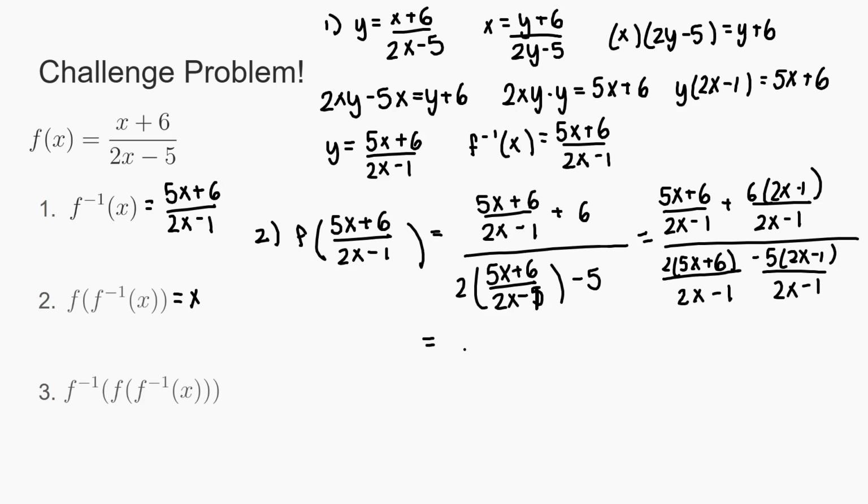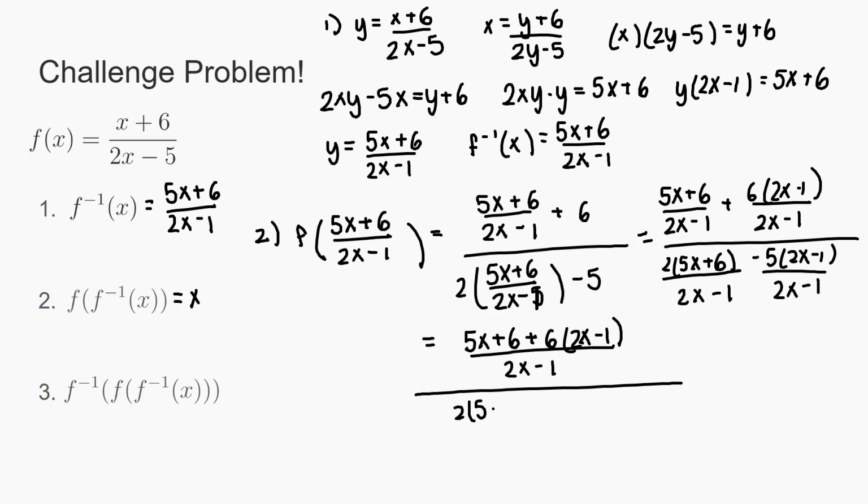The top results in 5x plus 6 plus 6 times 2x minus 1, and the bottom has 2 times 5x plus 6 minus 5 times 2x minus 1, all over 2x minus 1. As you can see, both of these have the same denominator, so we just cancel it out.